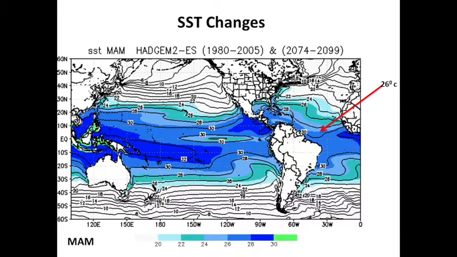So we can see, for example, this color here is 26 degrees. And this line is 30. So this is between 28 and 30, that is maybe 29. So there are 3 degrees more than this period here.